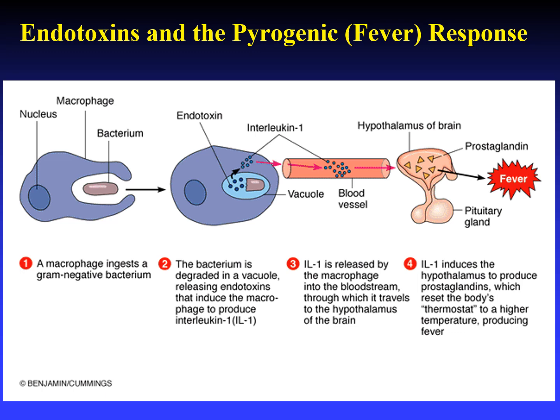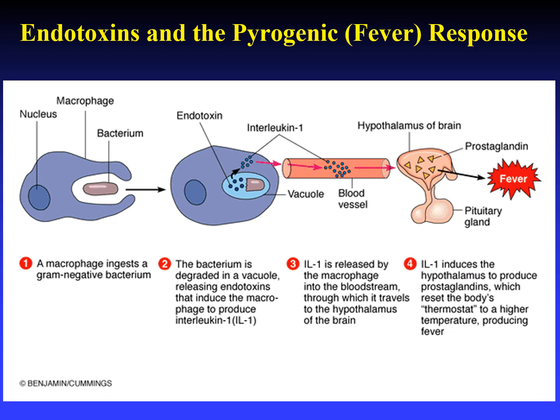Endotoxin and the pyrogenic fever response. A macrophage ingests gram-negative bacteria. The bacteria are degraded or lysed in the vacuole, releasing endotoxin, which induces the macrophage to produce interleukin-1.